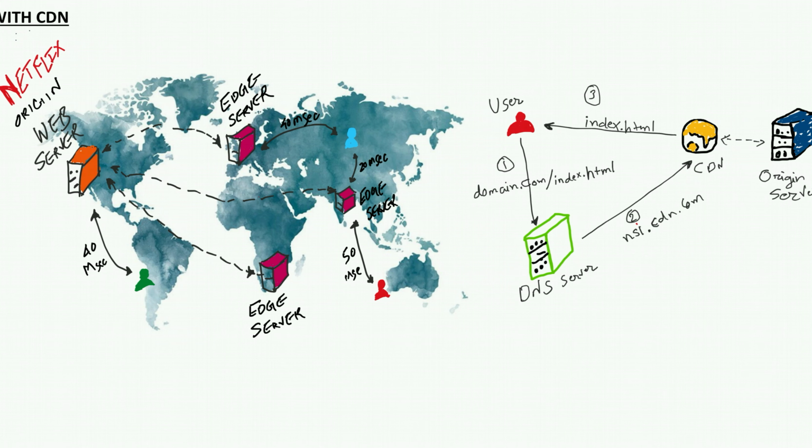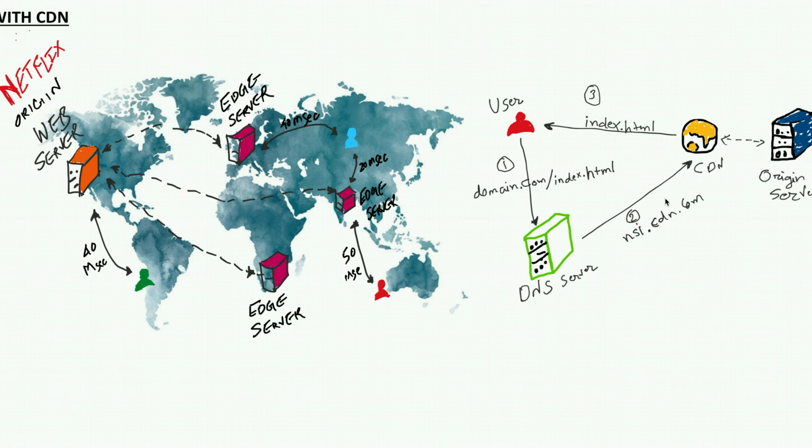As in our example, you can see the domain name slash index dot html here, and it got pointed to nsi.cdn.com. So whenever the user requests any of this HTML content on the origin server, the DNS entry will be such that it will be redirected to one of the CDN servers based on the user's location.